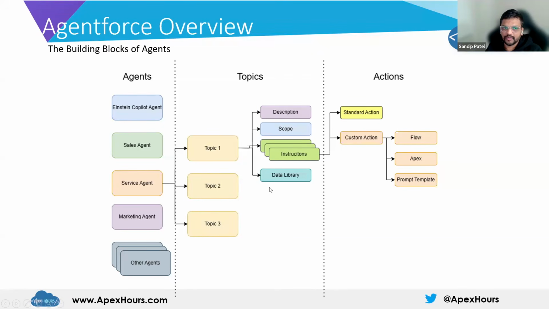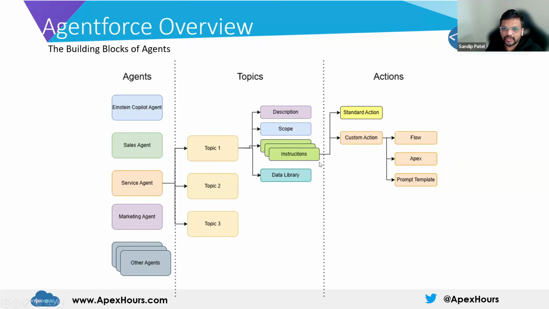Let's say it is a PDF of cancellation policies of a booking. It will go through that PDF and read all of the information. It will store, index, and segment it, and whenever a customer asks for the cancellation policy for a specific membership, it will retrieve that information and give it back to the user.